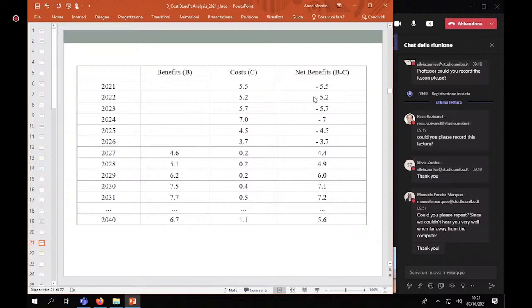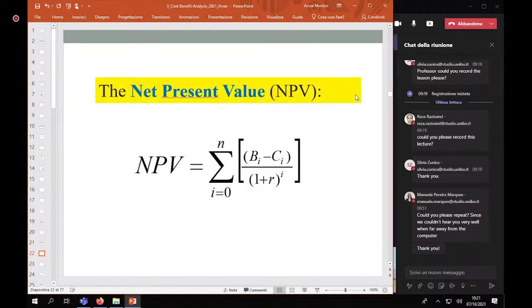Then you have to calculate the present value for year 2, the present value for year 3, and so on. And the sum of all the present values will give you the net present value. But the formula will do this for each one of the years in the same formula, without the calculation of each one of the present values.